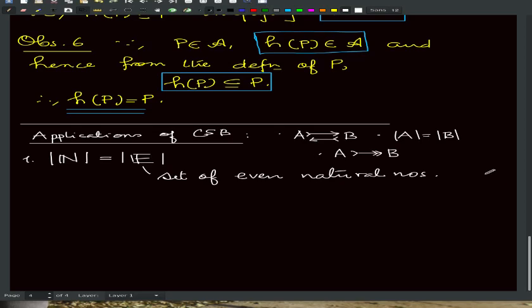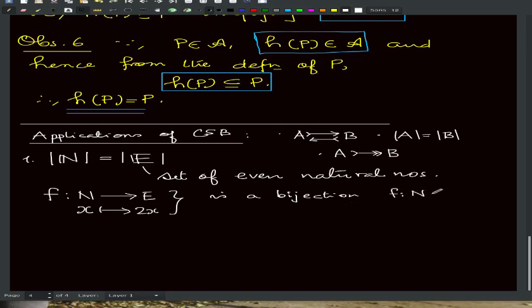So here is the function, and this is a bijection, which is clear, right? So you can check. This is quite obvious. So this is the required bijection. So you have produced this. Okay?